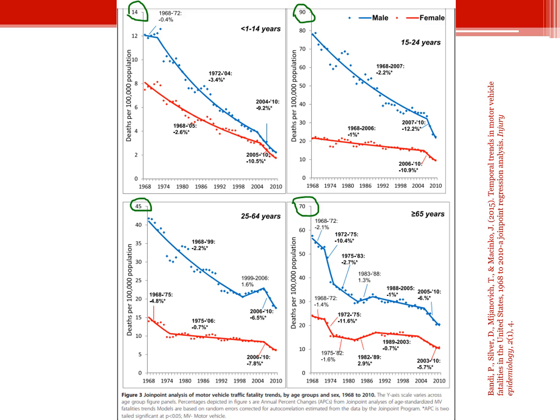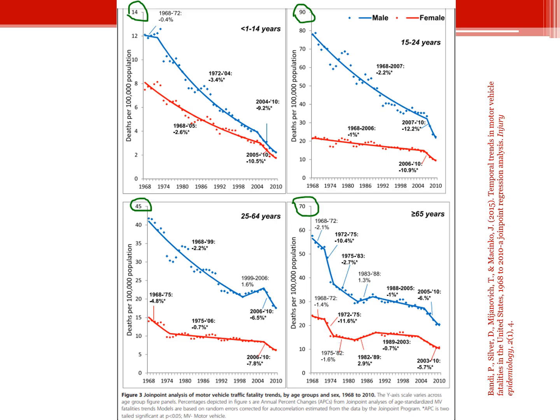So that's why there's differences in scale, but you can kind of see that some trends emerge, that the death rate continues to go down on a fairly smooth basis from 1968 toward 2010. You notice in the age group 25 to 64, there's a bit of an increase from 1999 to 2006, where fatality rates per 100,000 goes up about 1.6%, but then after 2006 it goes down again.